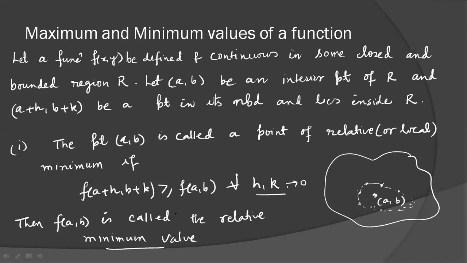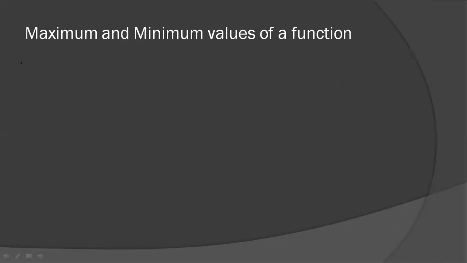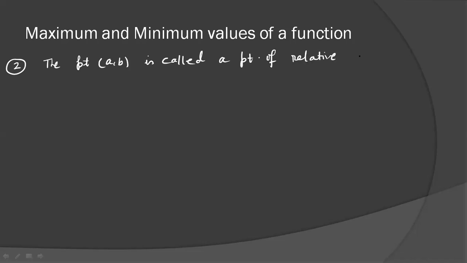Similarly, we can define it for maxima also. Point 2: the point (a, b) is called a point of relative or local maxima if the value in the neighborhood, for arbitrary h, k both very small, is less than or equal to f(a, b) for all h, k.